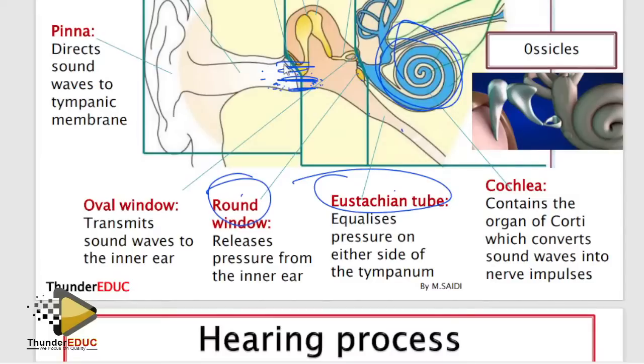They brought this question this year, I think, and students were off. They asked how the eustachian tube equalizes pressure on either side of the tympanic membrane. Many students knew that it equalizes pressure, but how does it do it? By allowing air in and out of the middle ear through the tympanum. Simple.